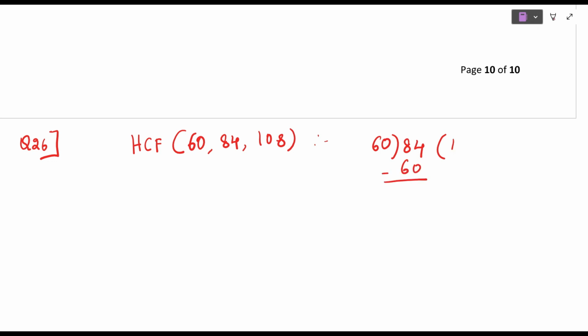Subtract, 24. Again 60, 2 times 48, 12. Again 24, here you will get 0. So the HCF of 60 and 84 is 12. Now again you do this 12 with 108.